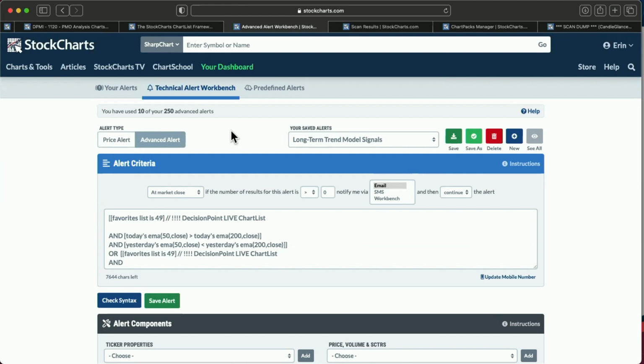So do this one and do this one, look at both of those lists and give me the results for that. So that's your and or for your alerts and for your scans. But you can look up more on that on StockCharts as far as using your language for scanning on those chart lists.